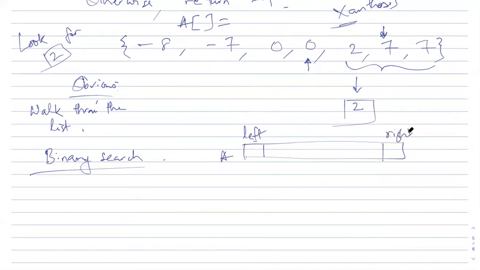So this is acting on A from left to right. That's the range in which all the elements are residing. What is the first thing that we try to do when we are applying a recursive style? Do you remember?